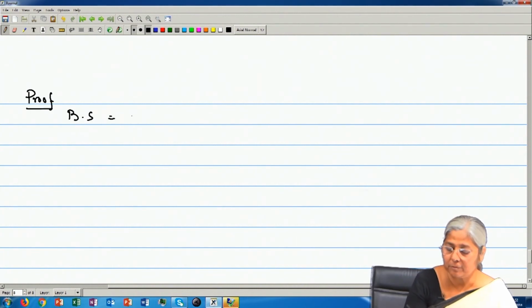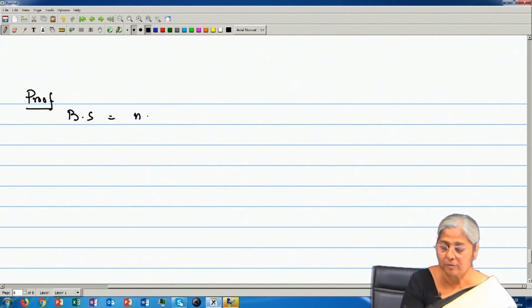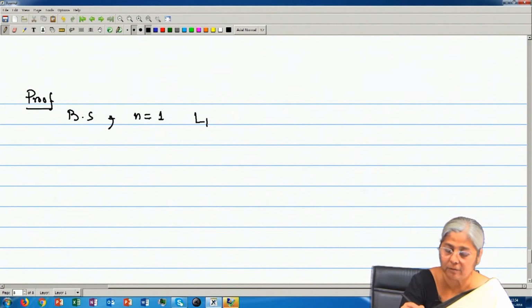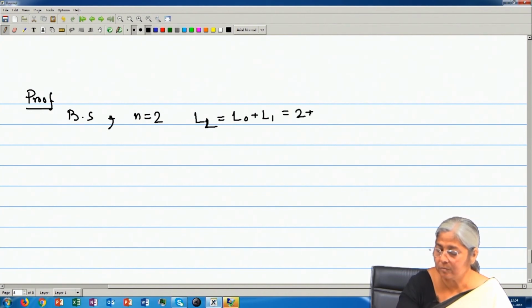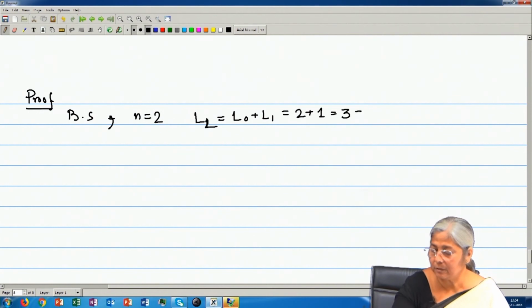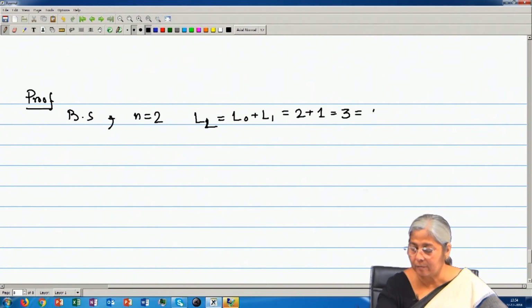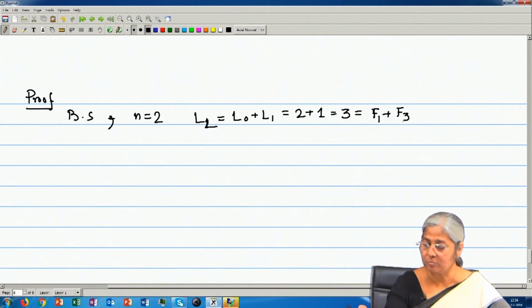We can see that for the basis step, for n equal to 2, L 2 is L 0 plus L 1, which is 2 plus 1 equal to 3, equal to f 1 plus f 3, 1 plus 2.